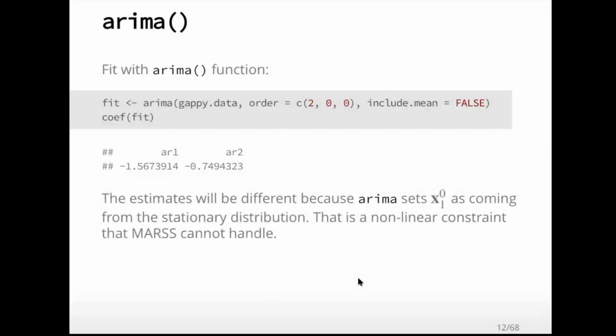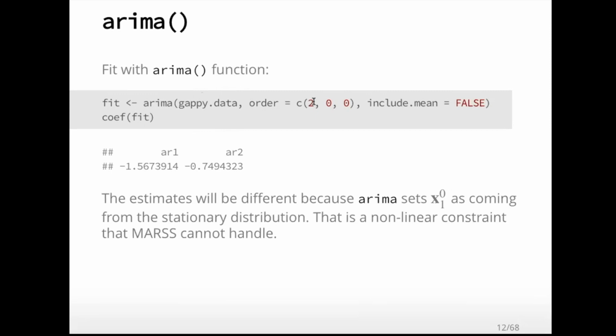All right, so I mentioned that you could fit this with just your base functions in R, and particularly you could use the ARIMA function. So let's look at what the estimates are with the ARIMA function. So this is how you would do it, and it will be just fine with missing data too. So let's pass in the GAPI data, and here's what you would do.